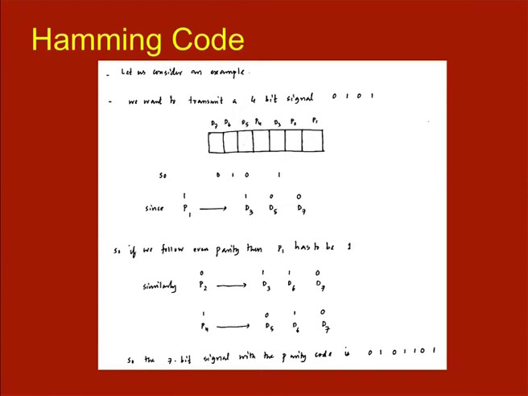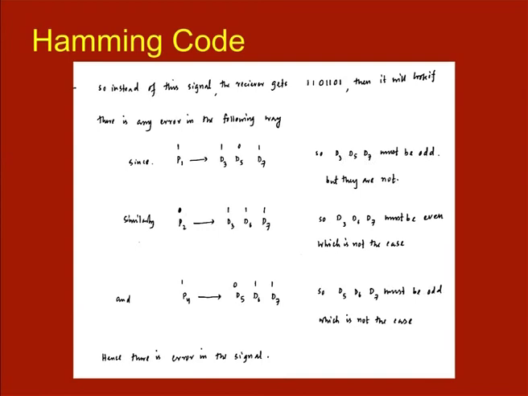Since P1 is dependent on D3, D5 and D7, which are 1, 0, 0, P1 has to be 1. Similarly, P2 and P4 will give us the values 0 and 1. So, the 7-bit signal with the parity code now becomes 0, 1, 0, 1, 1, 0, 1.